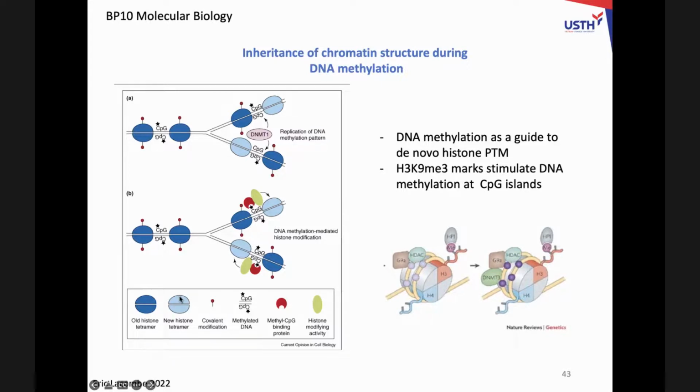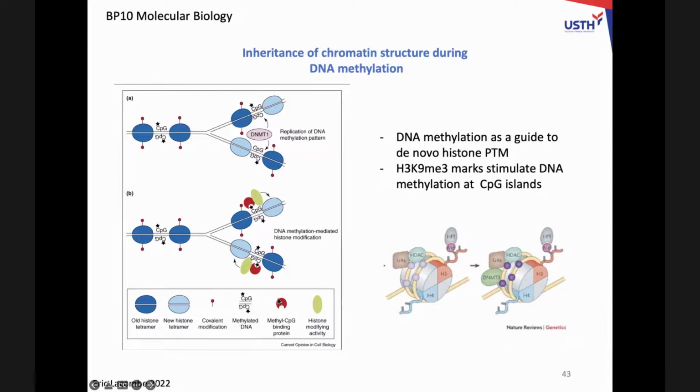It makes sense because you double the DNA content, so you need to double the amount of histone. Then the little red bars mean covalent modification on histones, for example the methylation of histone 3K9. Then the little black stars show you when DNA is methylated.